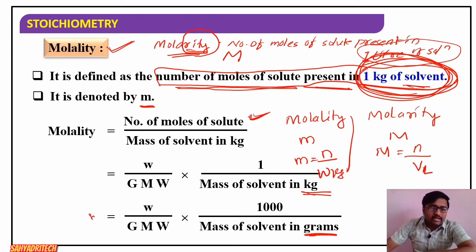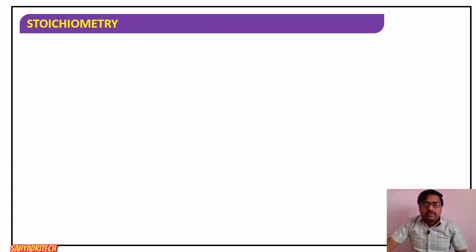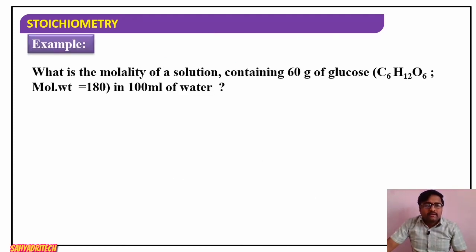So molality, what is the formula? W is the weight of solute, GMW is the gram molecular weight of solute, into 1000 divided by weight of solvent in gram.